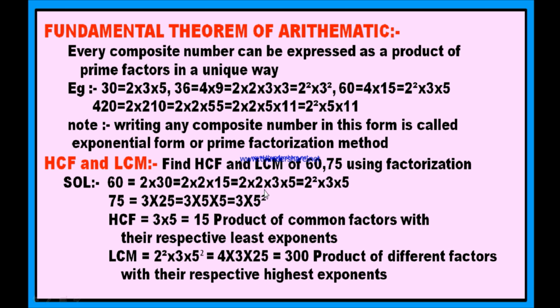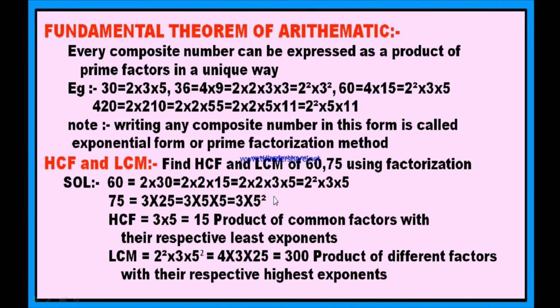You see, here 2 is a factor, but here there is no 2. Even though there is no 2 in 75, you have to take this 2 square to find LCM. The highest power of 2 here is 2, and here the exponent of 2 is 0. Therefore, you have to consider 2 square.